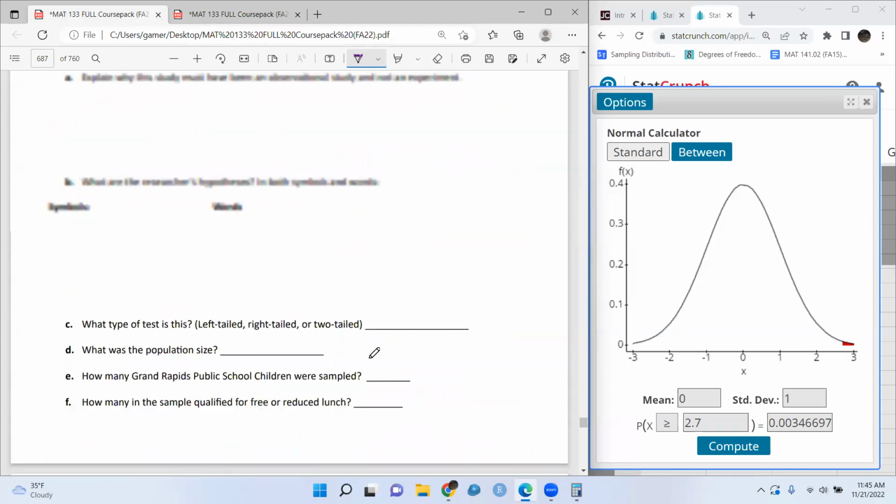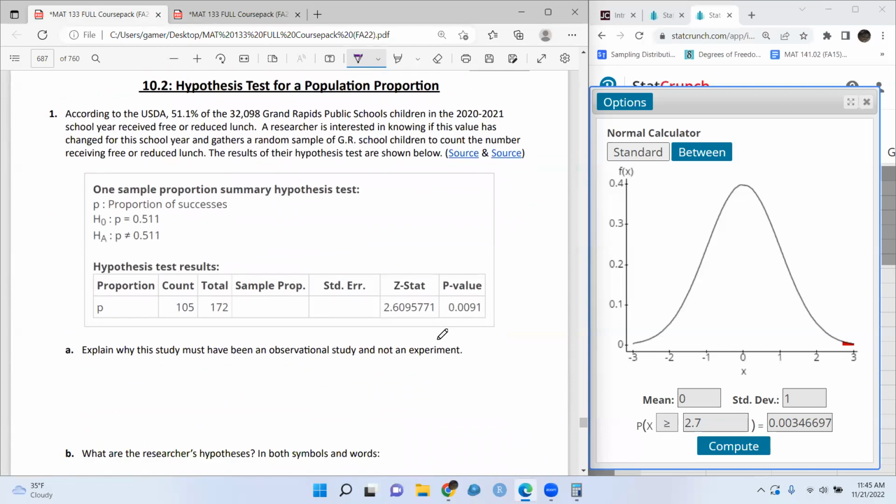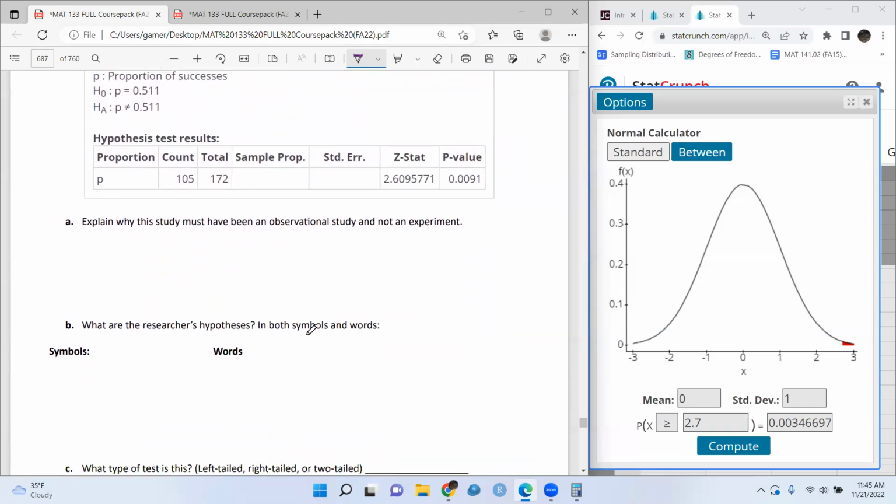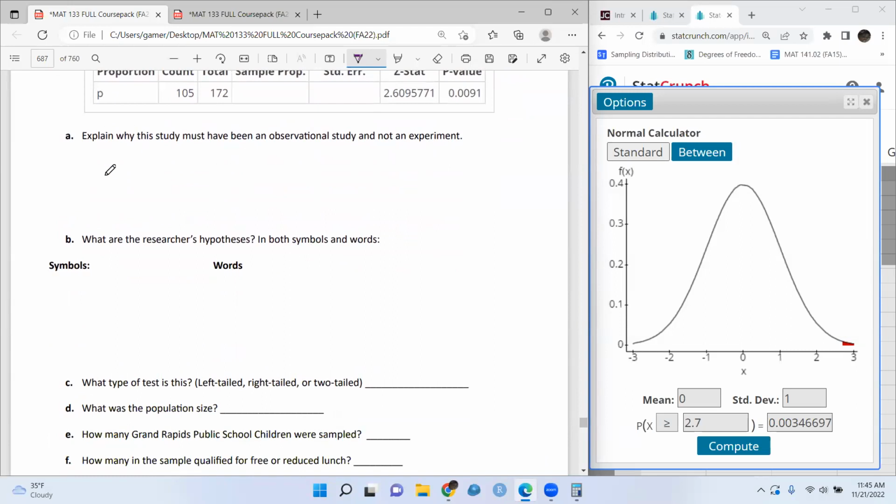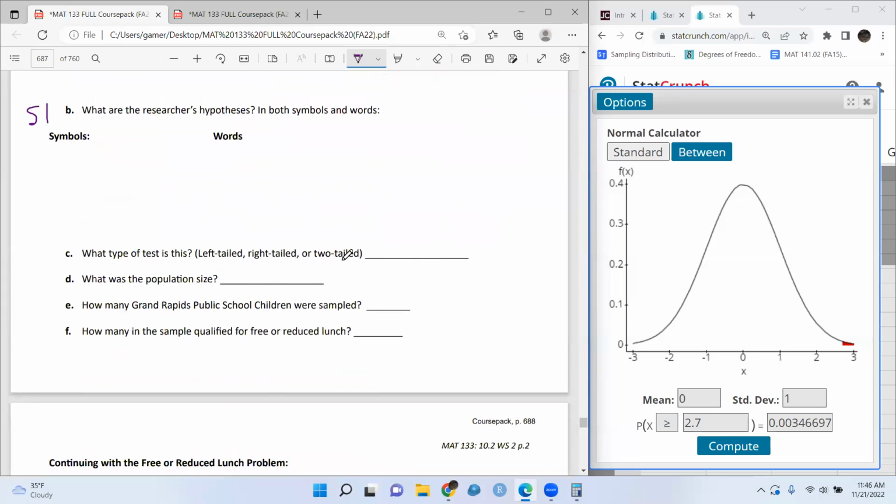All right, so let's start back at the beginning and run through this problem from start to finish. Notice that this is just a hypothesis test where we've given you the output already, and then we're baby stepping you through it with a few other extra things. This is step 1. What are the researchers' hypotheses in both symbols and words? What type of test is this?